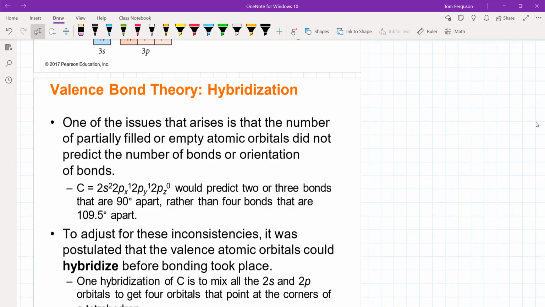Now in your worksheet, they want to know the hybridization. Hybridization starts at electron domains number 4, 5, and 6.